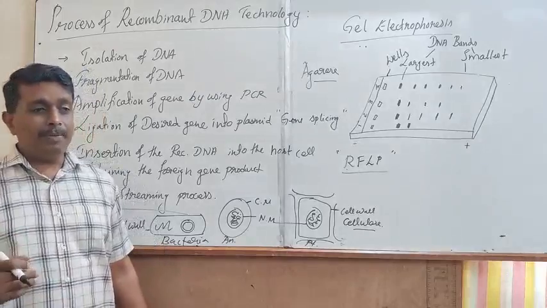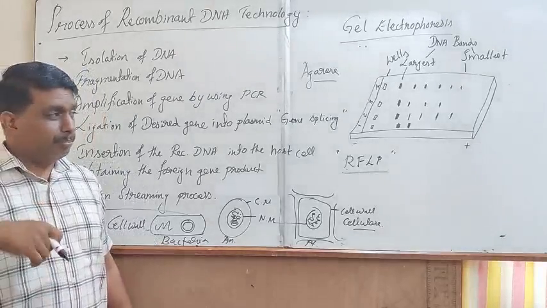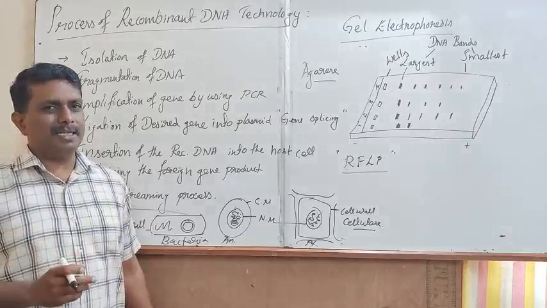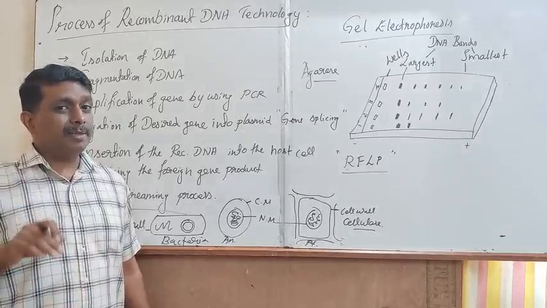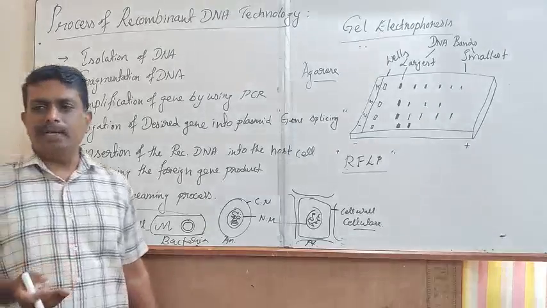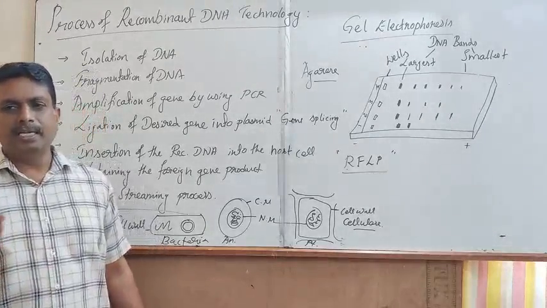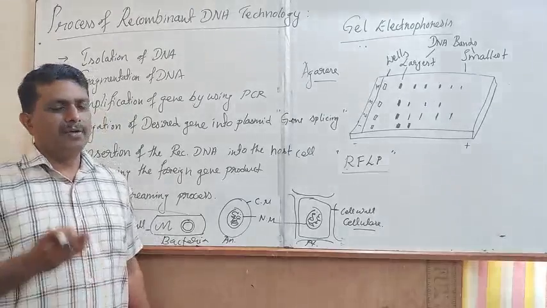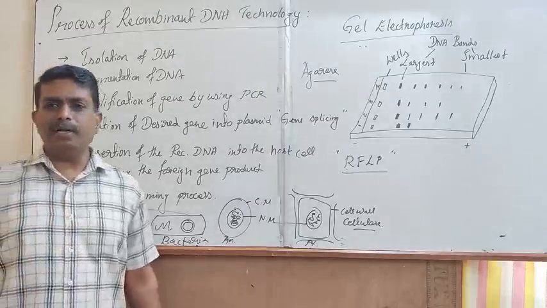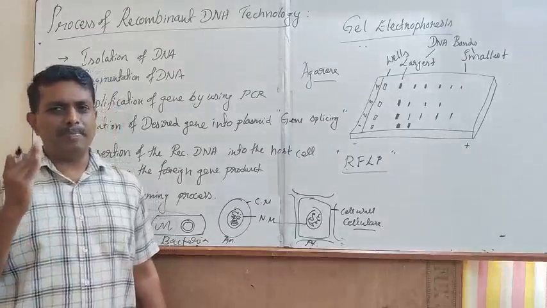It is performed by a technique called polymerase chain reaction. The concept of polymerase chain reaction was discovered by Mullis in 1985. For this discovery, he was awarded the prestigious Nobel Prize.